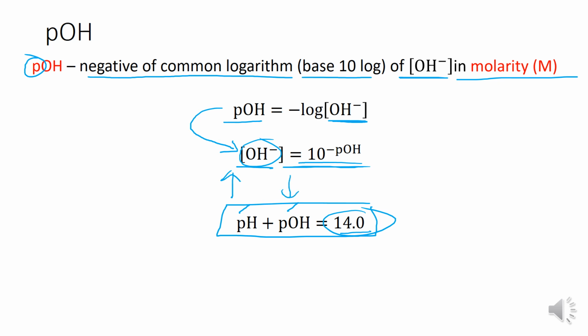Or if pH decreases, pOH should increase. So similar to the relationship of hydronium ion concentration and hydroxide ion concentration, the pH and pOH are also inversely related.